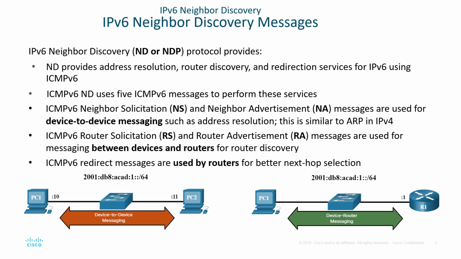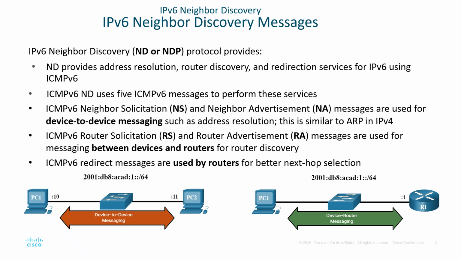So IPv6 neighbor discovery, ND or NDP, does the same function as ARP in IPv4. ND provides address resolution, router discovery, and redirection services for IPv6 using ICMPv6, Internet Control Message Protocol. ICMPv6 ND uses 5 different messages to perform these services.